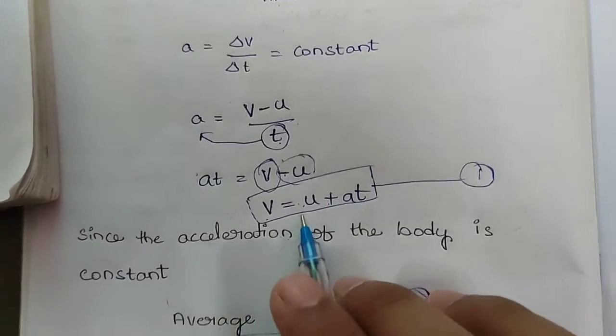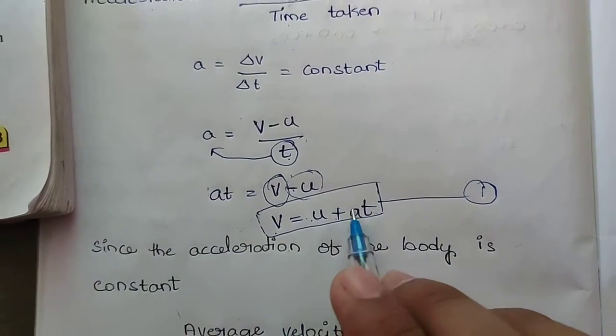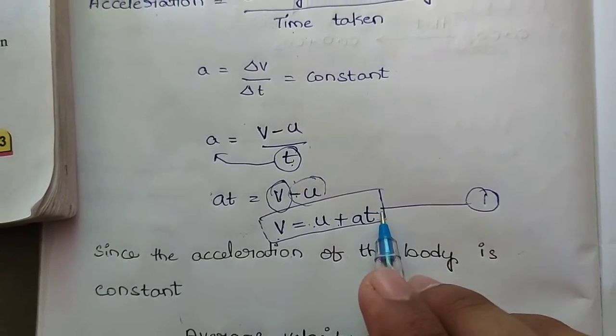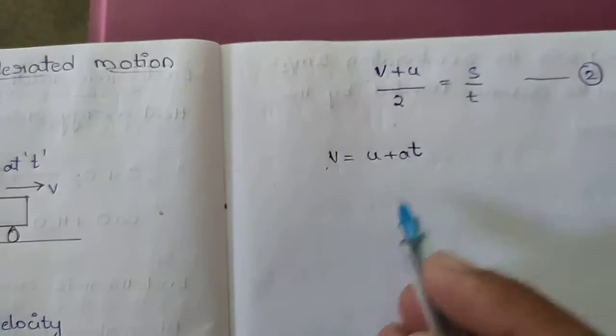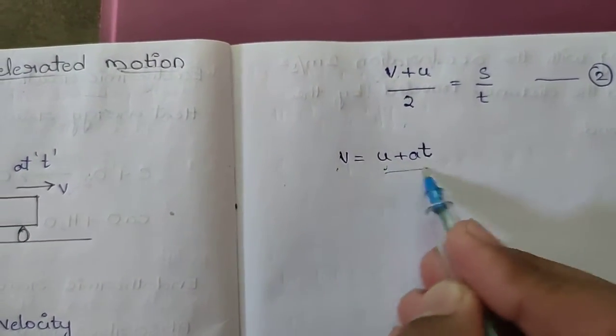Now, as I calculated, v is equal to u plus at. So instead of v over here, I'll replace v with u plus at.